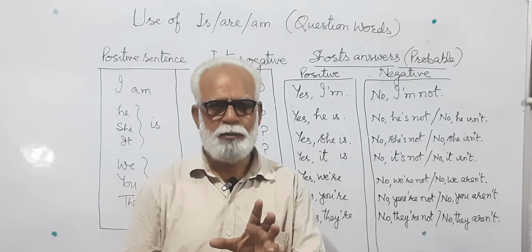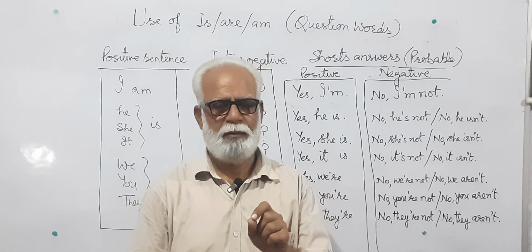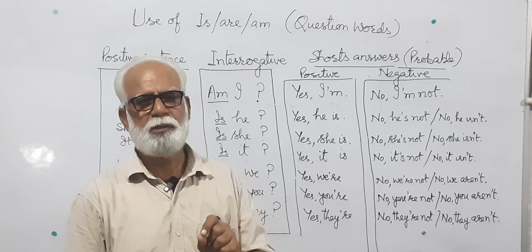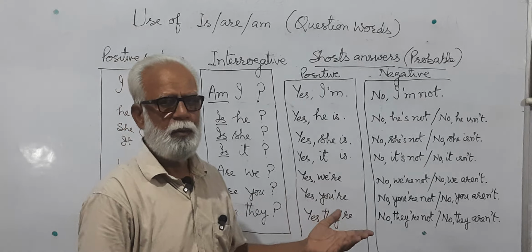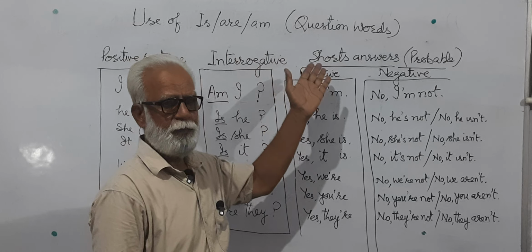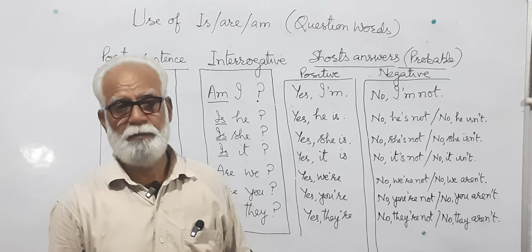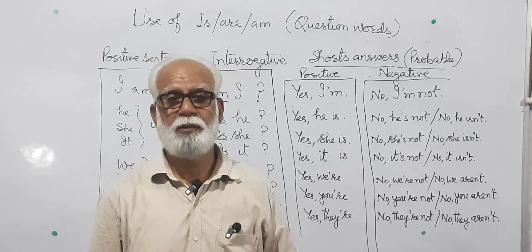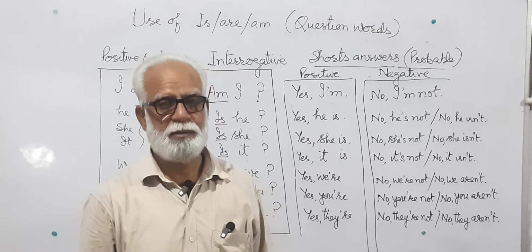So if brief information is required, yes or no, then we frame questions like this. And if we are to get more information, very specific information, then we use 7 WH words, WH question words.